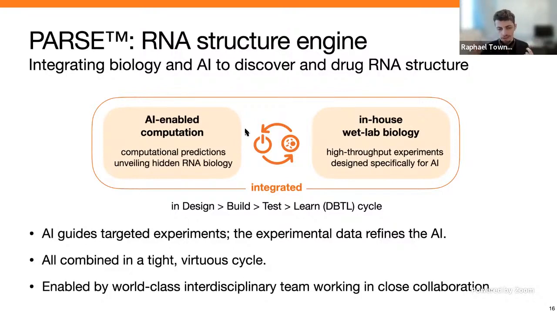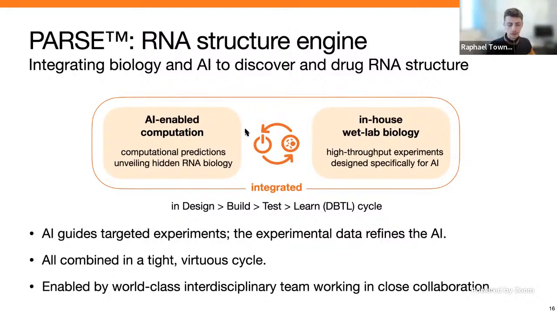Overall, this is built in a tight virtuous cycle, as Andrew Ng would put it, perhaps, to continually improve the AI and enable its predictions of RNA. This is achieved not only by the right algorithmic advances, but by putting a team of world-class AI experts in the same room as a number of RNA biochemists and biologists, and figuring out how to best integrate these together.